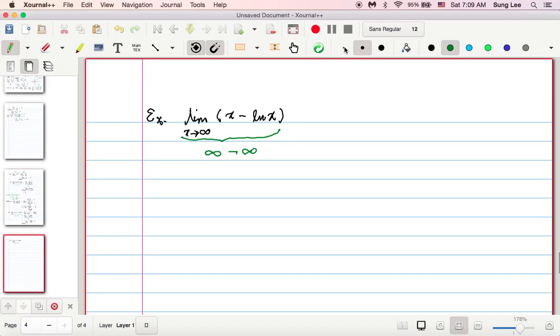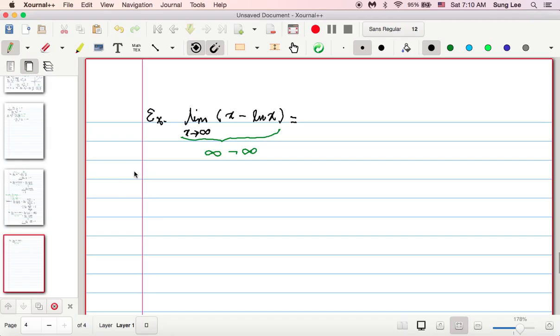But here, there's no way you can write this as a single fraction, right? And so the previous method doesn't apply. So what do we do? When you have something like this, we can do the following.